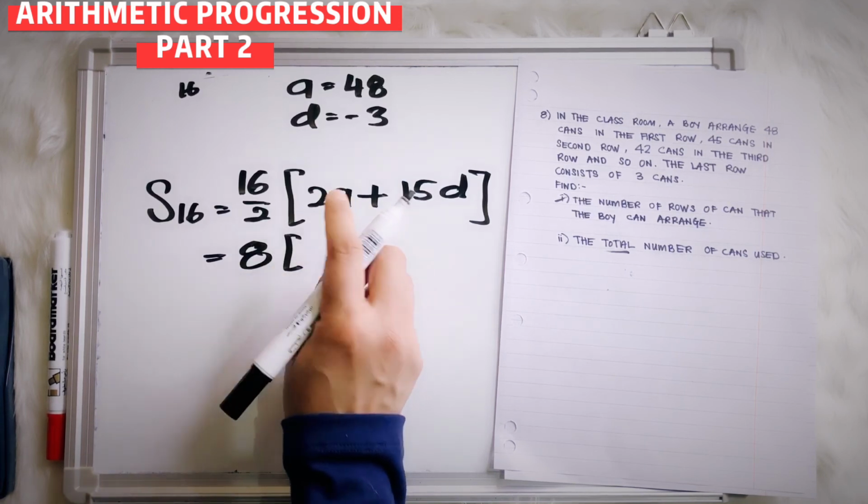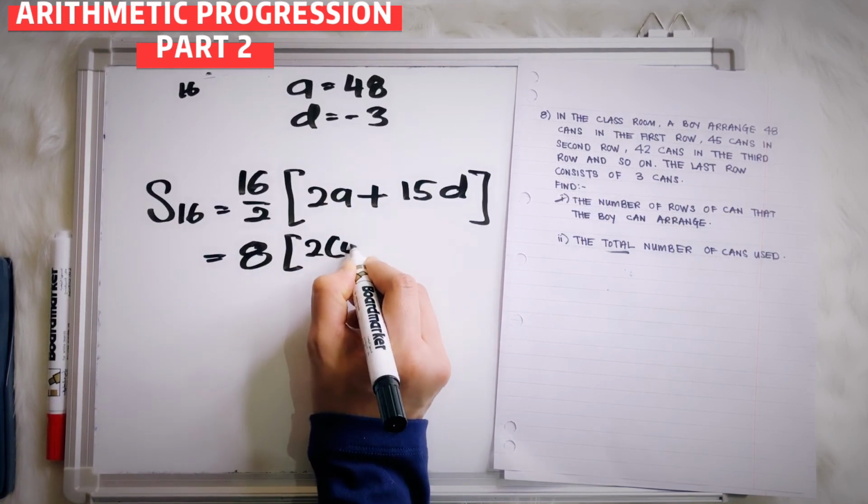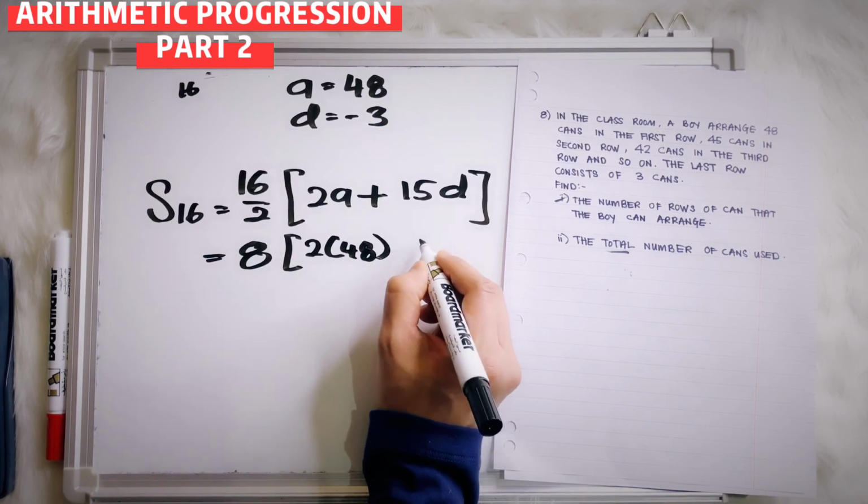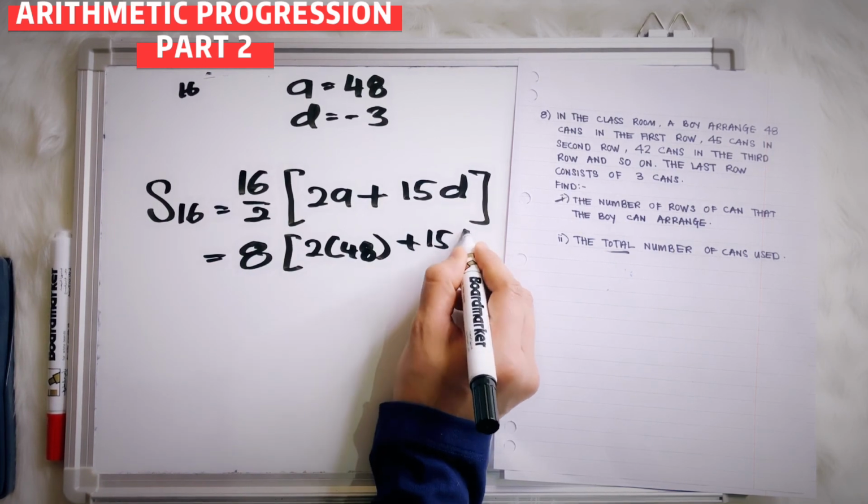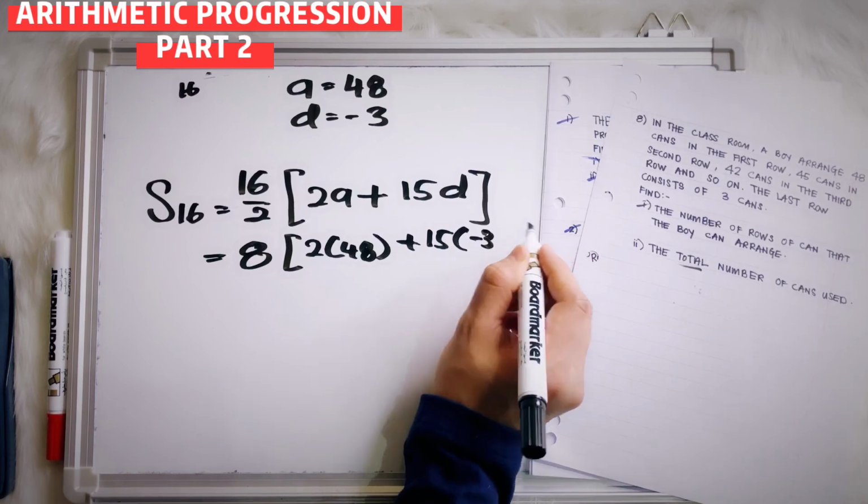Now substitute A equals 48, your D is -3.